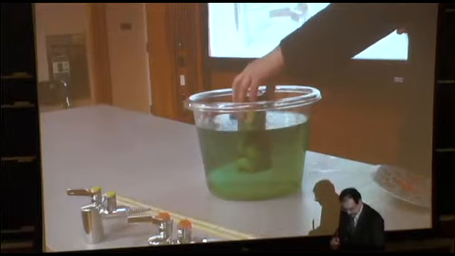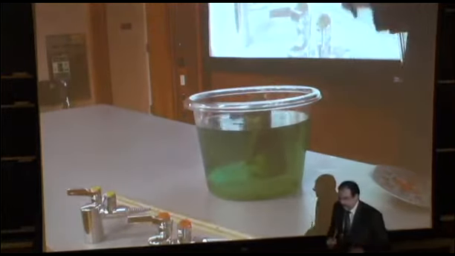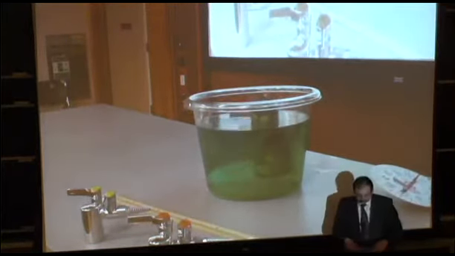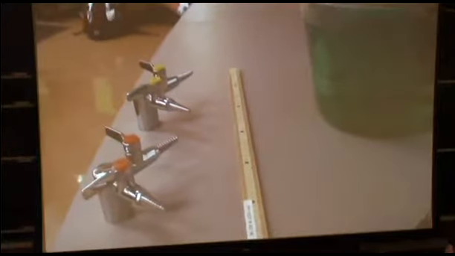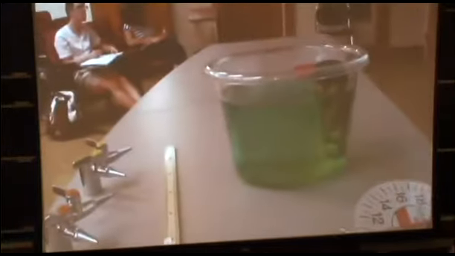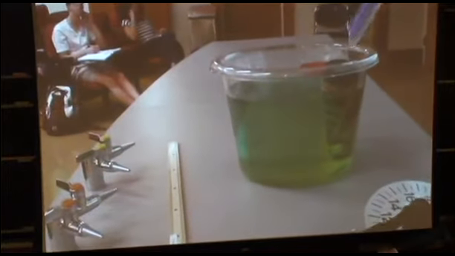All right. Now I put it into this tank, pool, and it floats. See, it doesn't touch the bottom of this. It floats.